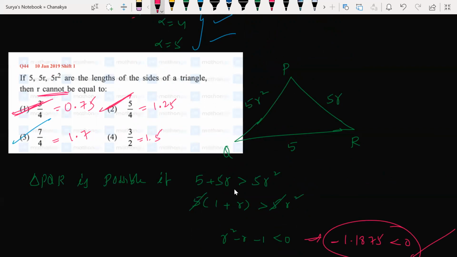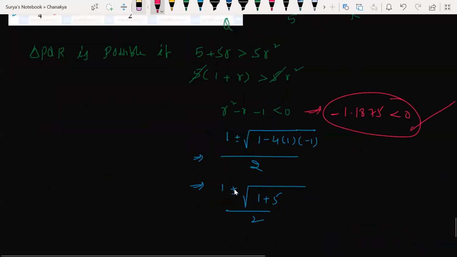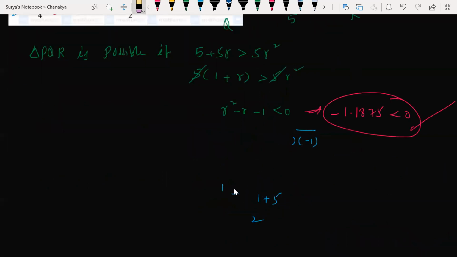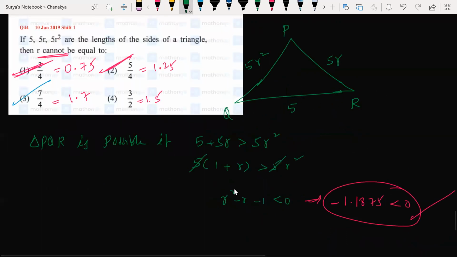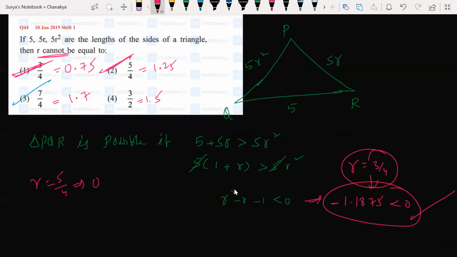Just that is what I'm telling, right? You can use common sense, you can just apply your brain. You can also do it by calculation. Look, okay. So for R values, I get 3/4 correct. For the R value 5/4 I also get the answer minus 0.6875.